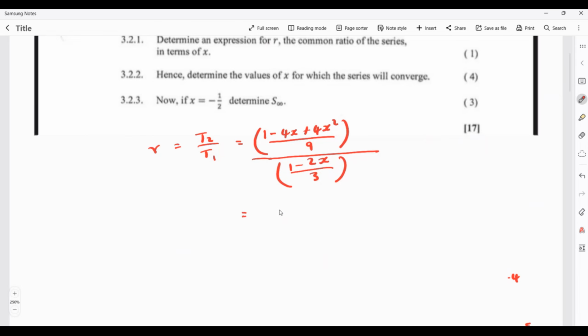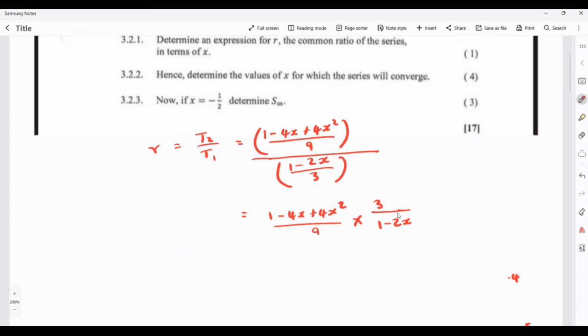So that means you're going to get 1 minus 4x plus 4x squared over 9, multiplied by 3 over 1 minus 2x.